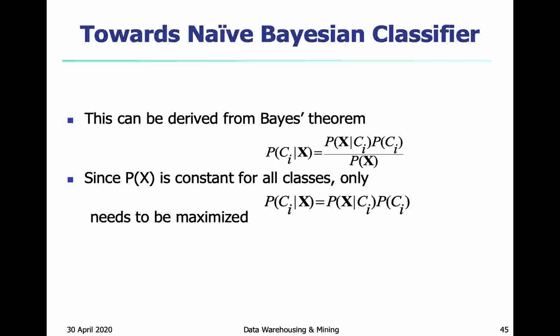And if the class prior probabilities are not known, then it is assumed that all the classes are equally likely, means P(C1) equals P(C2) equals P(C3) and so on up to P(Cm).